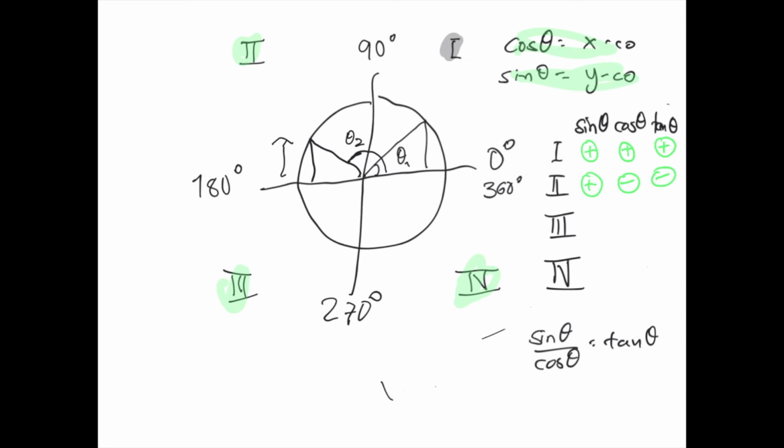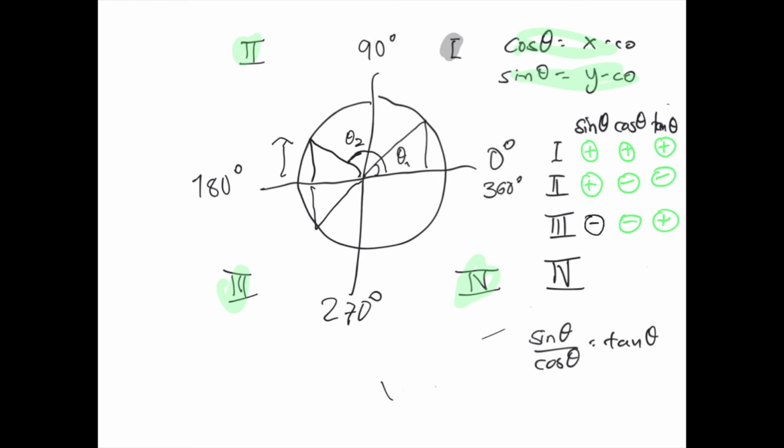And for the third quadrant, let's just draw another triangle for this, right? Sine theta is negative this time because the triangle is beneath the x-axis. Further, the cosine theta is negative because the triangle is left of the y-axis. Since we're dividing negative by negative, we get a positive, right?